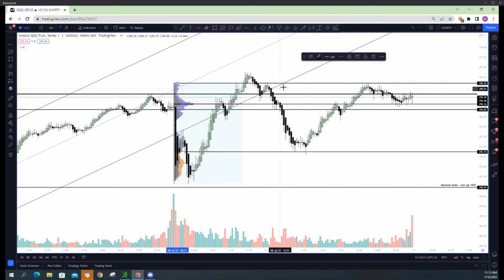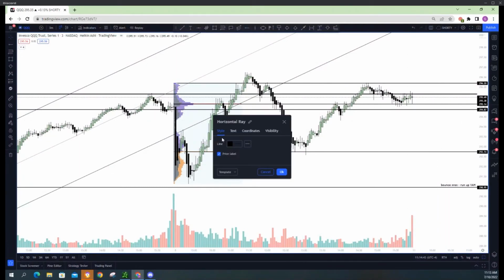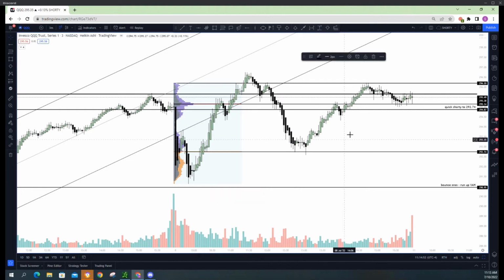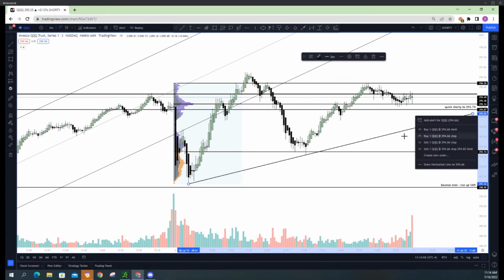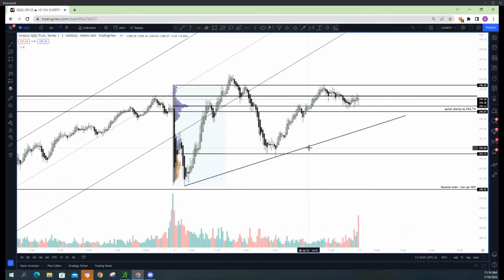So if we are able to break below this level, 294.87, you could catch a quick scalp for $2 all the way to this level on Monday. So this would be a quick short, small profits, quick short to 292.74 right here. And that's just dependent on where we open or how we do on the futures. And here you have this low for the intraday.